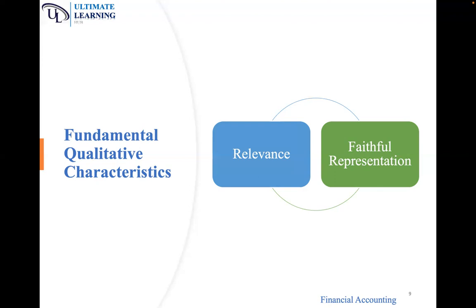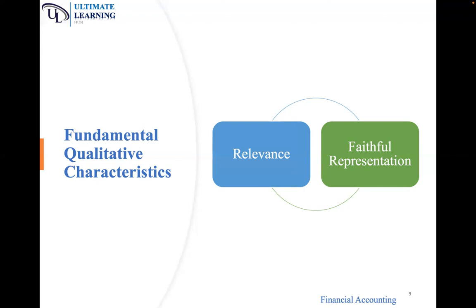The second fundamental qualitative characteristic is faithful representation. Financial information must faithfully represent the phenomena it purports to represent in both description, and when I talk of description, I'm referring to words, and also in numerical depiction or in numbers.